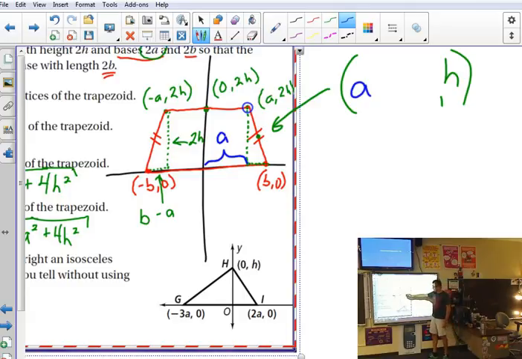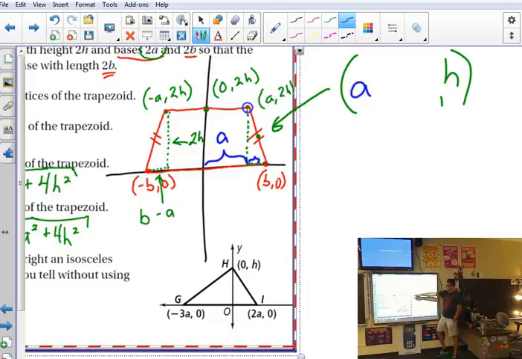Then I need to say, how much distance is covered here to go half of this green distance? And we figured out that green distance is all of b, but actually take away the a. So it's b minus a, which is what we had said on the other side.